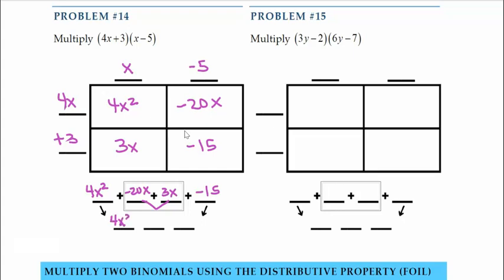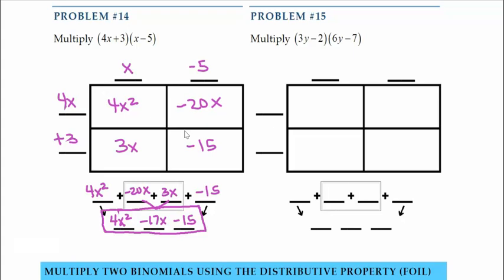So 4x squared, when I combine these together there in the middle, I get negative 17x, and then bring down that negative 15. Okay, and so that whole thing together is your answer. All right, so that negative there is becoming a subtract sign, and so is that one on it.